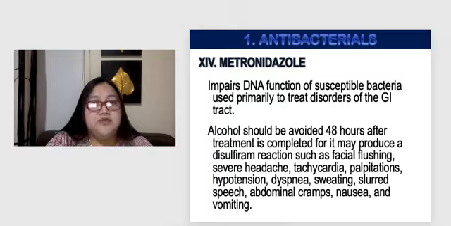Why? Because taking alcohol within 2 days of metronidazole can produce a so-called disulfiram reaction. Ang disulfiram reaction, delikado because it can cause cardiovascular symptoms, tachycardia, palpitations, hypotension, to name a few. Pero systemic yung effect niya.